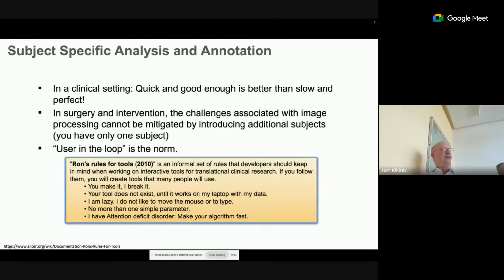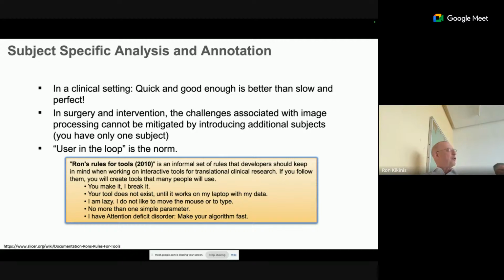So what I did is I put it on one of our wikis, and, a little bit megalomaniac, called it Ron's Rules for Tools. It basically says, be careful how many parameters you put into your algorithm. And I don't believe you that the algorithm works until it works on my computer with my data.